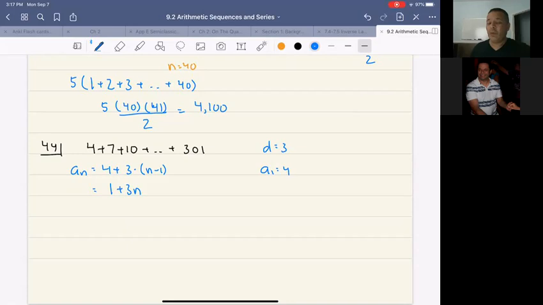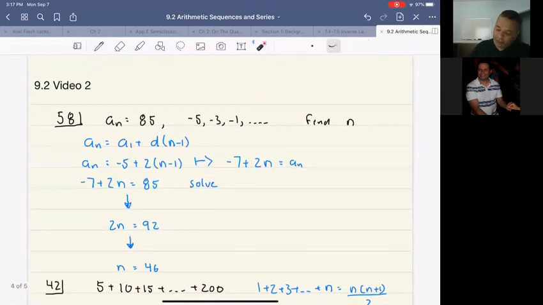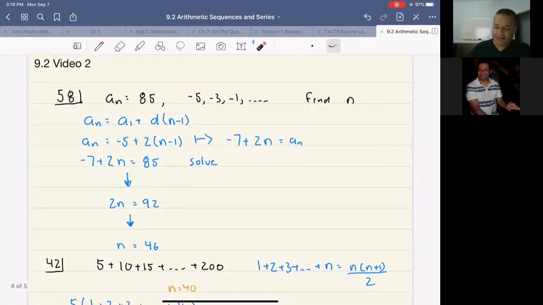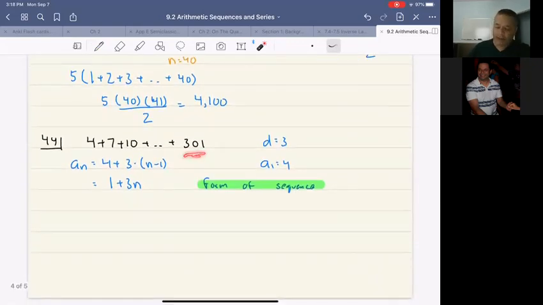Now we have to think about which n is going to give us 301. The first thing we have to do is find the form of the sequence. The second thing is, like that first problem we did, where we found which n gives us 85, in this case 301.